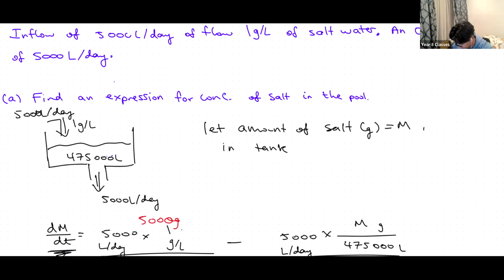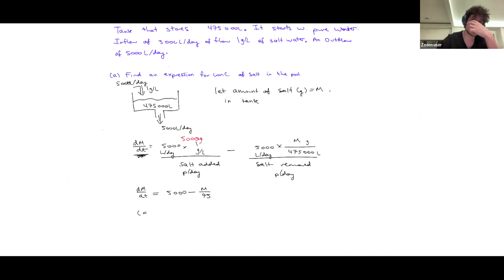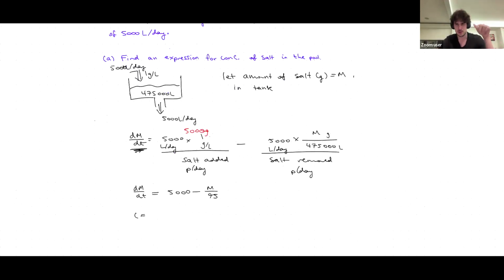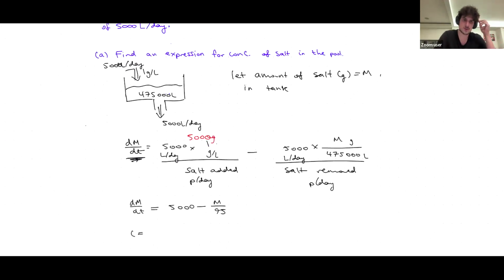We'll let concentration be C. When the outflow of water comes, it takes out some of the salt as well, which is why we have the m over 475,000. That's that concentration of salt. So how might I express concentration, given what I just said?